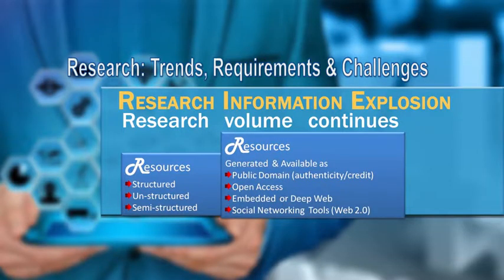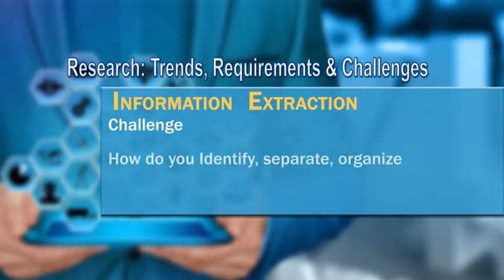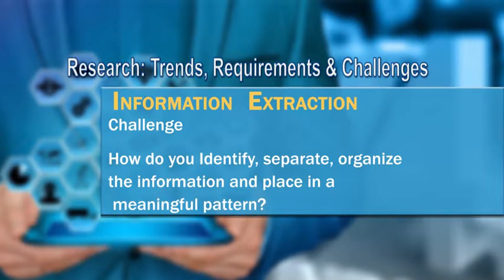We also see resources that are generated and available in the public domain, in open access, or embedded in the deep web, which are hidden behind a password, or resources based out of social networking tools, which we call Web 2.0, or in the library arena we call Library 2.0. Now, the challenge with us is how do we identify, separate, organize the information and place it in a meaningful pattern. So, 90% of this information is unstructured or semi-structured or hidden behind a password. So, that is the real challenge.